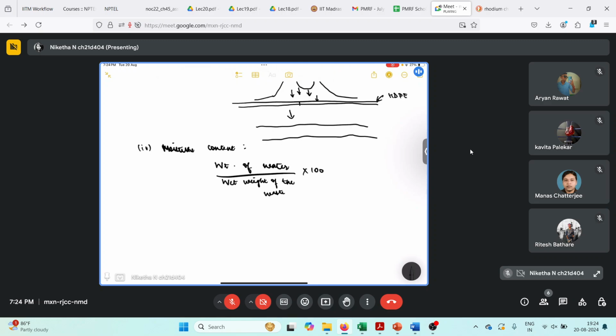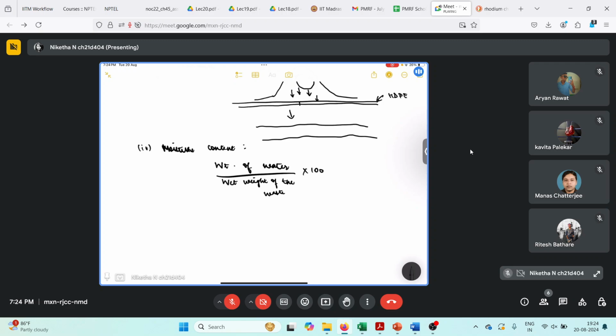There are different kinds of weights. Wet weight means the weight of the waste before drying, and the dry weight means after the solid waste has been dried and all the water has evaporated, that weight is called the dry weight. When we calculate the moisture content, since we are calculating the moisture present in the waste, we assume that the waste is wet, and therefore we will calculate the wet weight of the waste only.